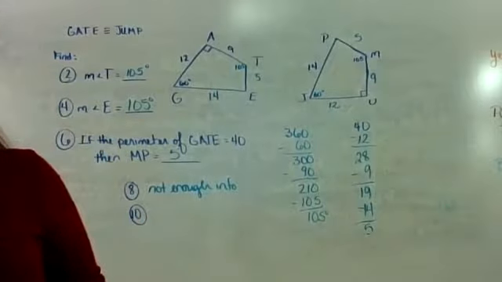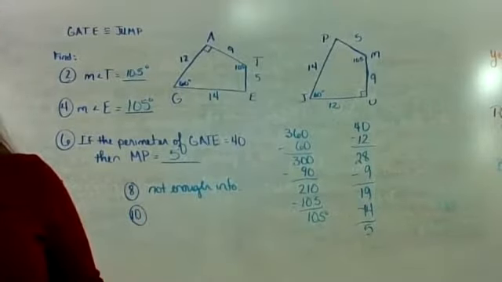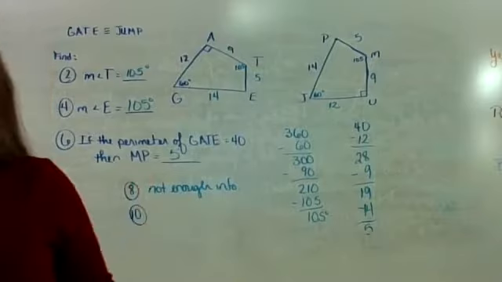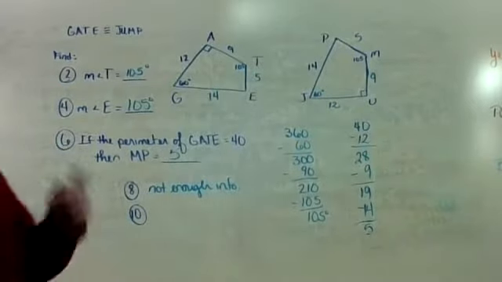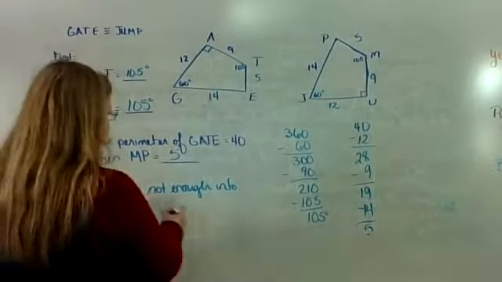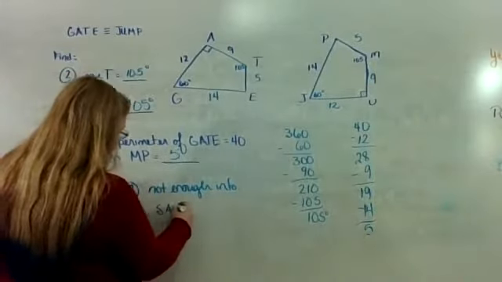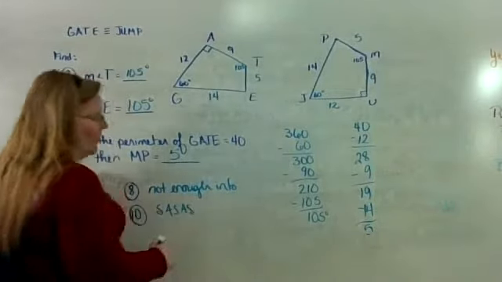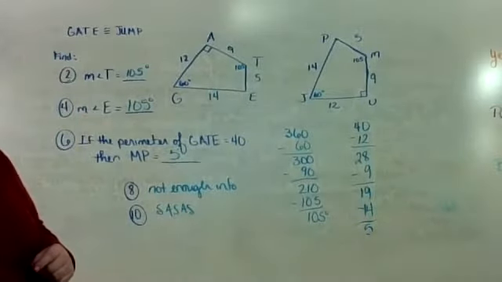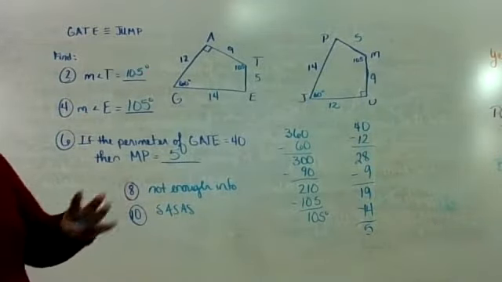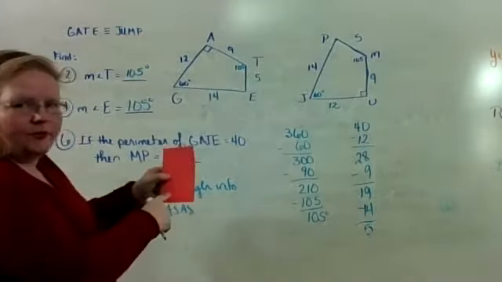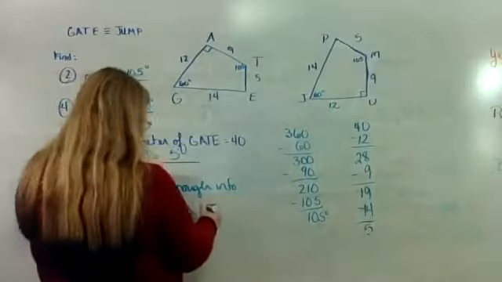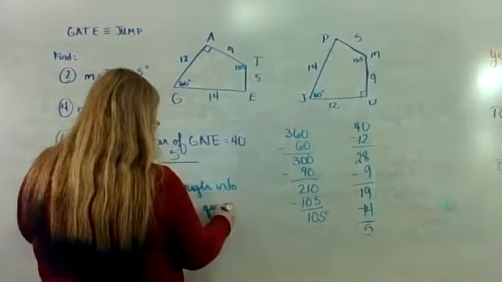But for number 10, they have side, angle, side, and then using vertical angles, angle, side, with side, angle, side, angle, side. So that means that they are congruent by side, angle, side, angle, side, which means I need to tell what they are that are congruent. And I wrote it down. I got the quadrilateral, because that's all you can call them now.